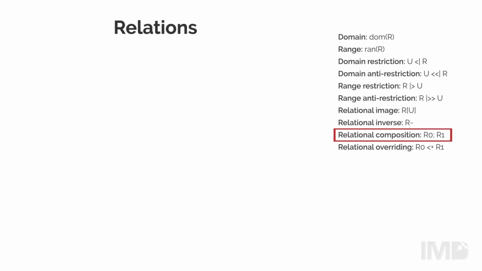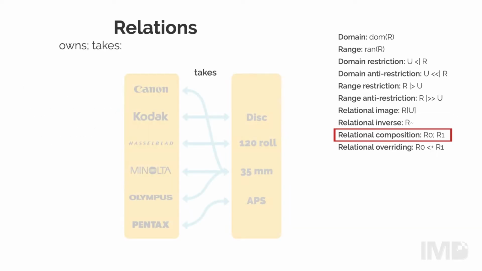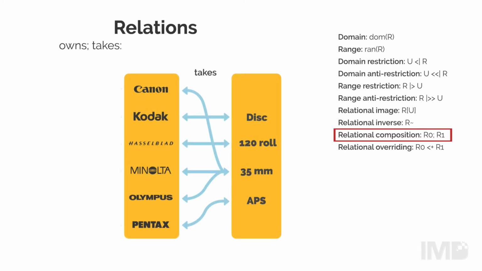In our example, if we consider a relation called takes, that says which camera takes which equipment, and let's suppose it equals the relation Canon 35mm, Kodak disc, Hasselblad 120 roll, Minolta 35mm, Olympus 35mm, and Pentax APS.